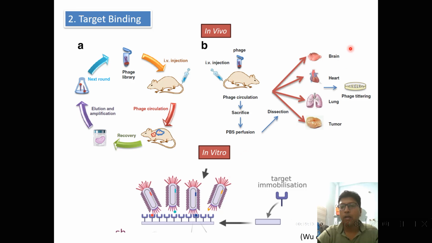Likewise, if these peptides bind to the brain tissue, the heart tissue, or the lung tissue, we can also detect the different structures, different surface areas, and different cells of the different tissues.